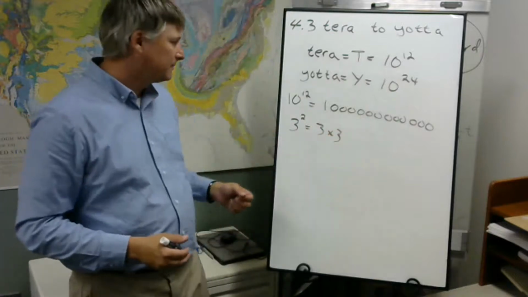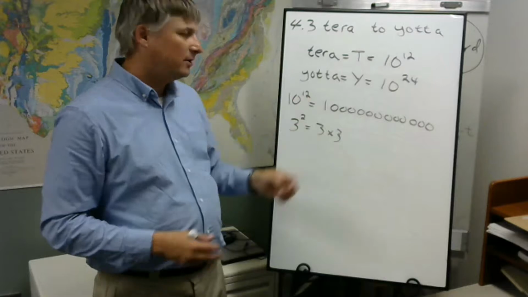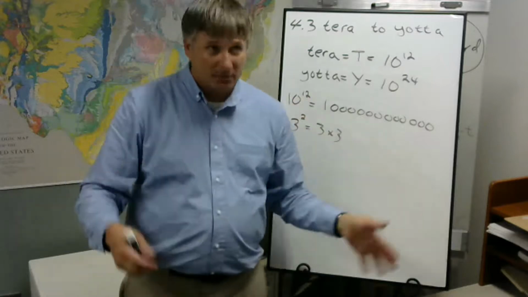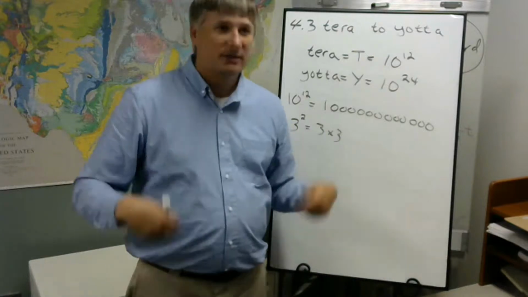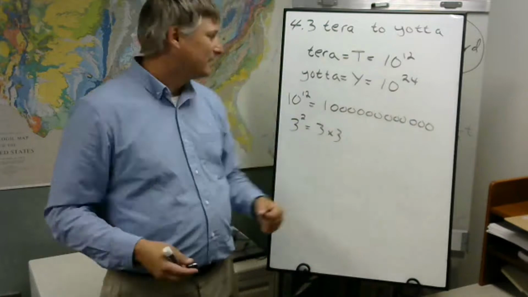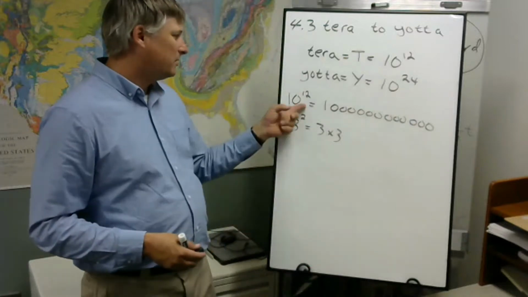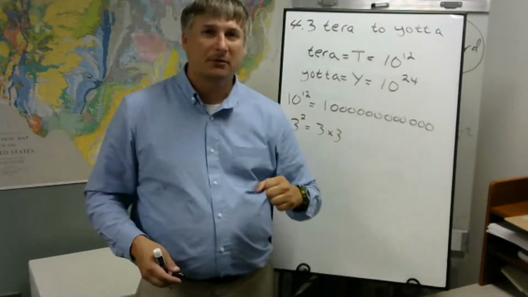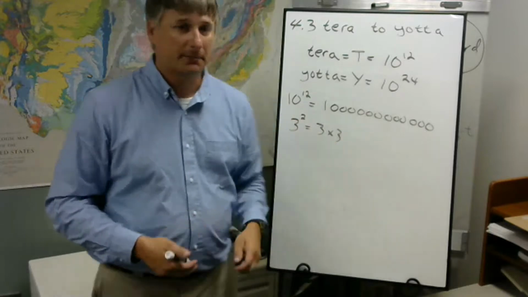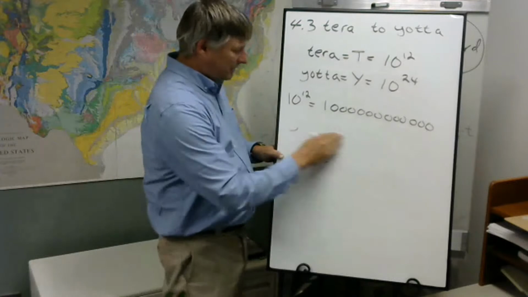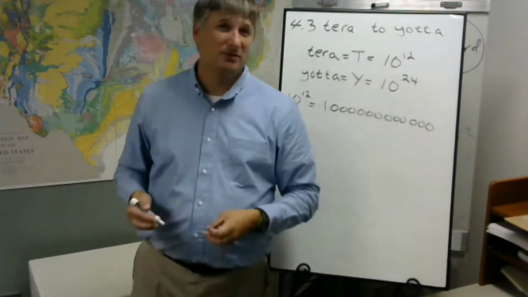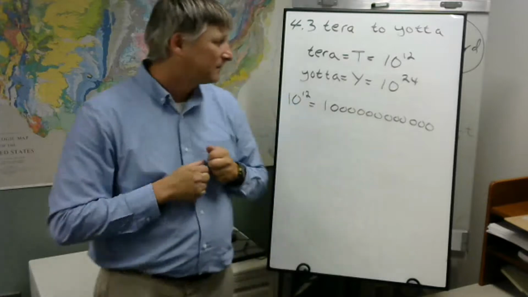It's 3 times 3. 10 to the 12 is 10 times 10 times 10 times 10 times 10 times 10 times 10 times 10 times 10 times 10 times 10 times 10. So 10 to the 12 is 12 tens multiplied together. 3 to the 2 is 2 threes multiplied together. And 10 to the 24, that's 24 tens multiplied together.